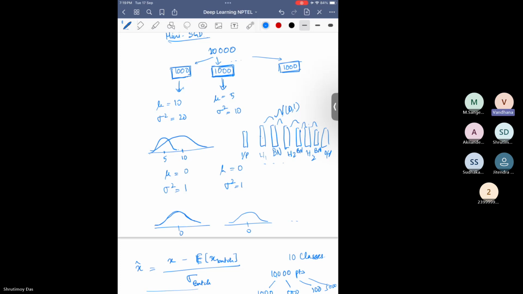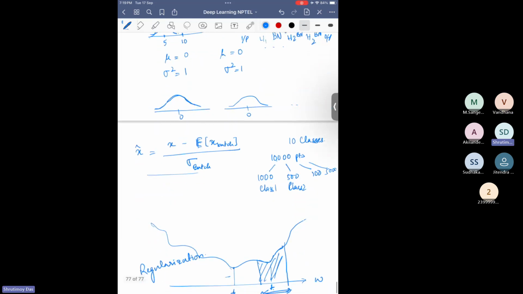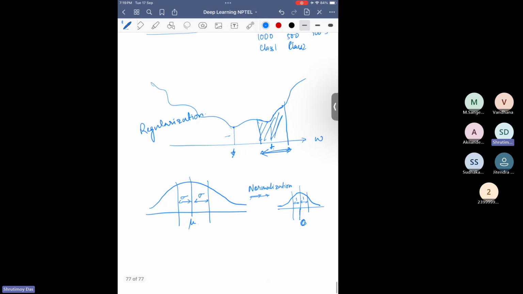Okay, then there is another broad term, standardization. What is that? Standardization is also the same thing, in the sense that we want our data to have zero mean and unit variance, but that is usually given to the data as a pre-processing step. So standardization and normalization are the same.